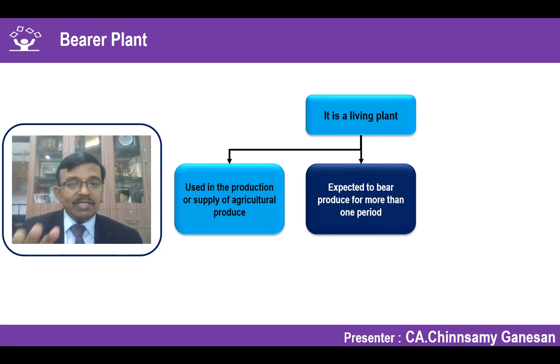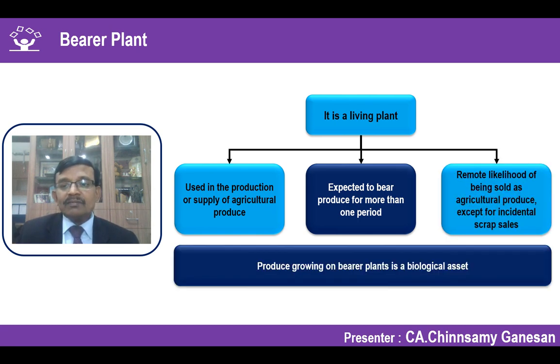But for our discussion, we will limit the discussions to living plants, with simple examples of coffee, tea, rubber, palm, etc. The remote likelihood is of being sold as agricultural produce. That means the entire plant itself is not sold as an agricultural produce. In simple terms, we accept scrap sales. As I have said, after the end of the economic useful life, the terminology used by rubber plantations is that the rubber tree is slaughtered.